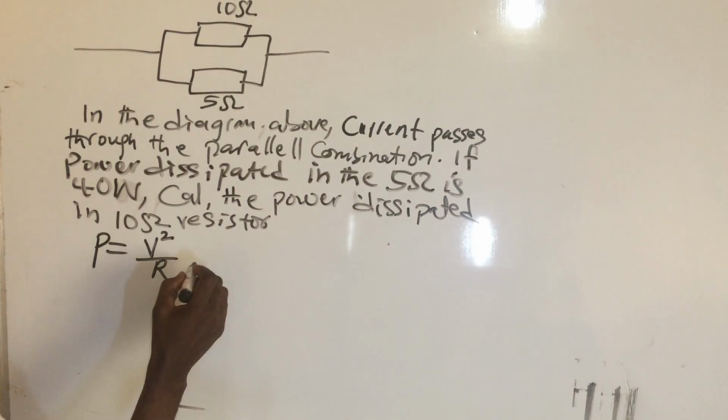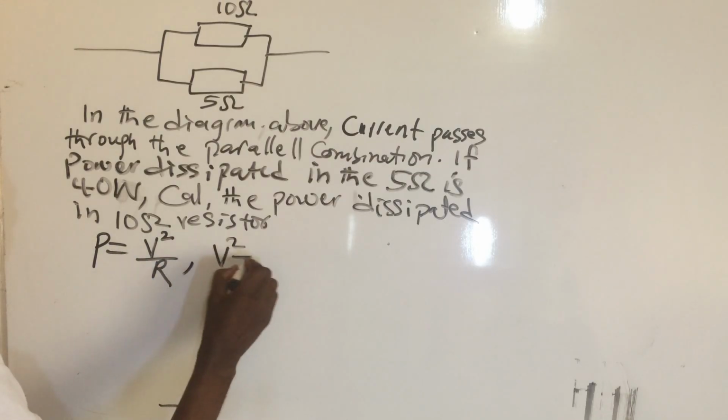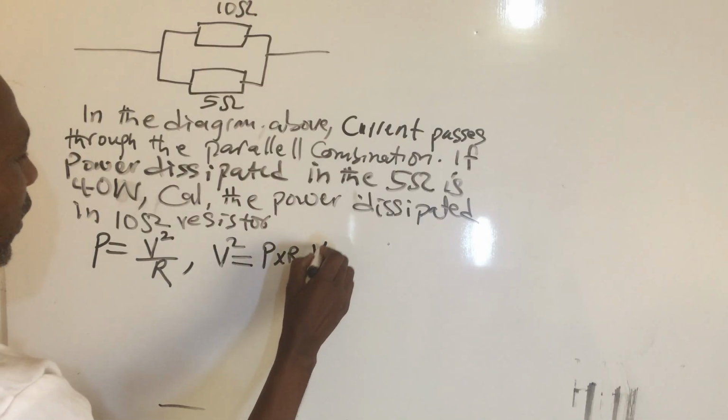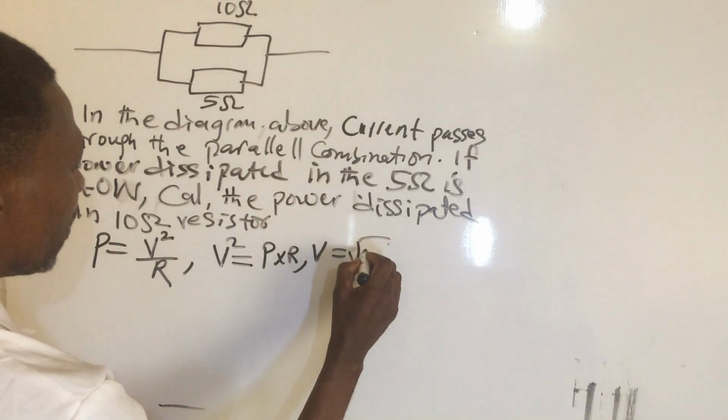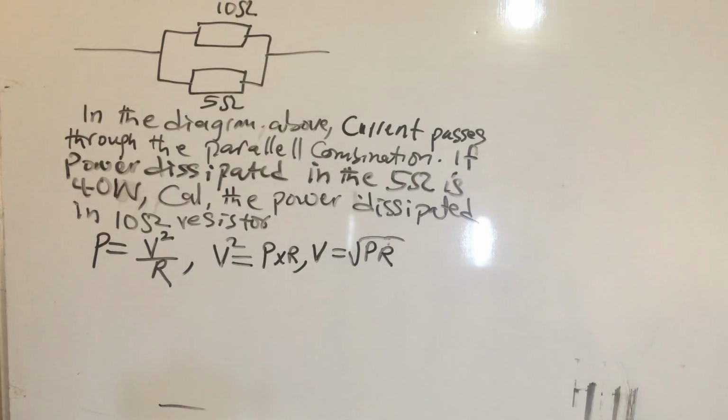So we find the voltage by making V the subject of the formula: V squared equals power times R, so V equals the square root of power times R.